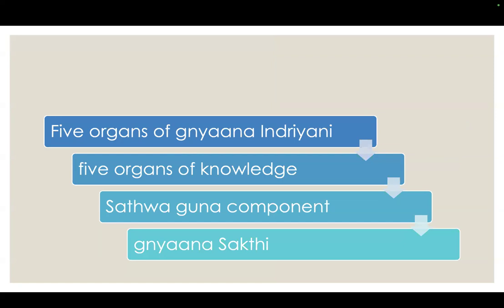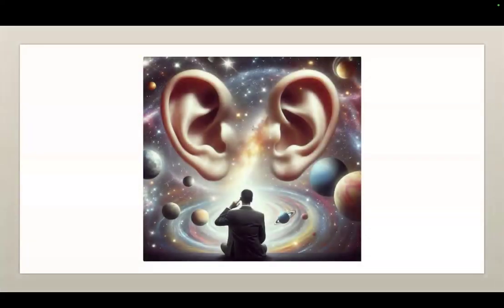Jnana means knowledge, so obviously what comes here? Sattvic comes here. So from Sattvic space, space has a special quality, that is sound. That is the only thing related to space. That is because of the Omkara mantram that we hear in the space. So from space, what originated is sound here.